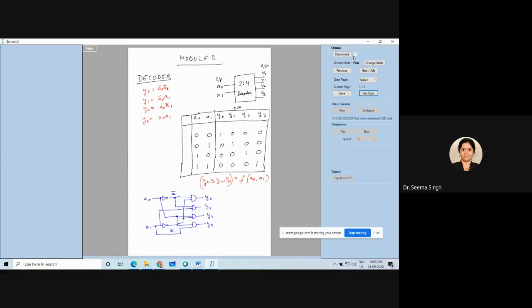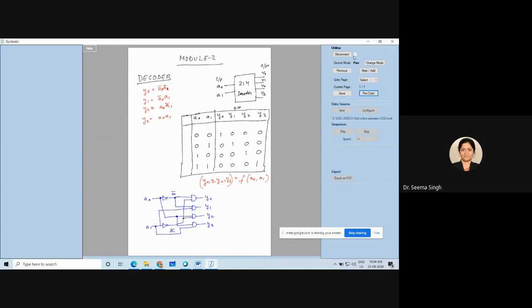In active low, logic high is given by low voltage and logic low is given by high voltage. You will know the reasons later, but generally decoders, encoders and all these ICs have their enable pin as active low.